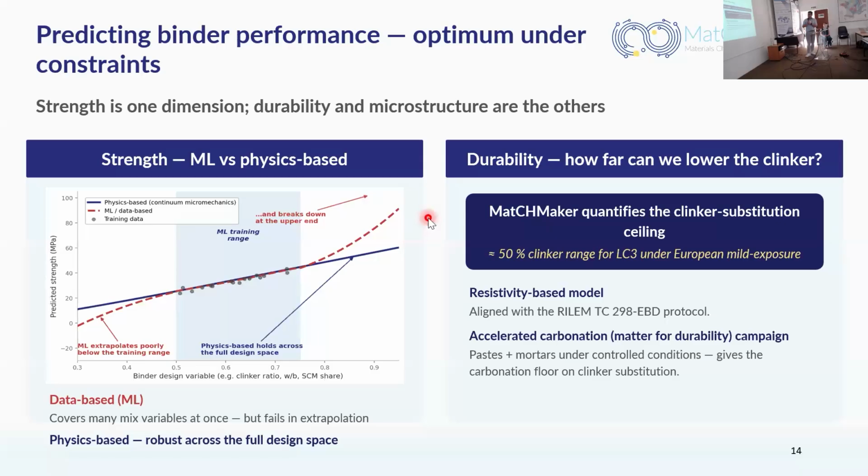Besides this image analysis tool, we have also developed models to predict the strength of this new cement. We have developed purely machine learning data-based models and also physics-based models. On the left, you see that basically the idea is if you stay in the interpolation range, in this blue region, both match very well.